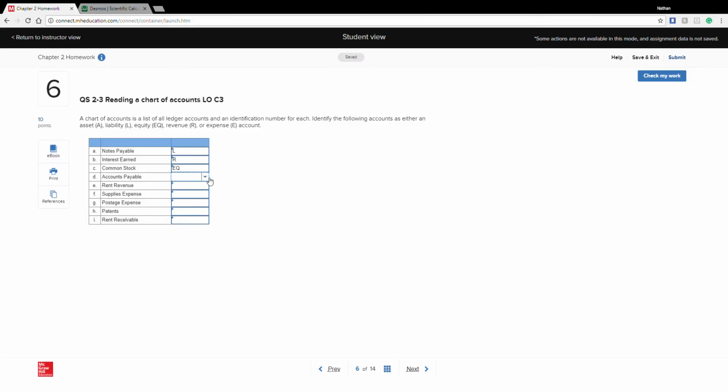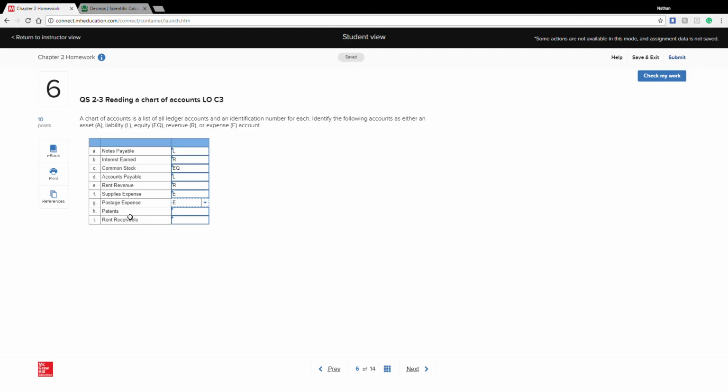Accounts payable, again, you see pay. Rent revenue, I know immediately, oh, that's a revenue. Supplies expense, right there in the name is an expense. Postage expense. Patents. Now, patents is a new little thing.